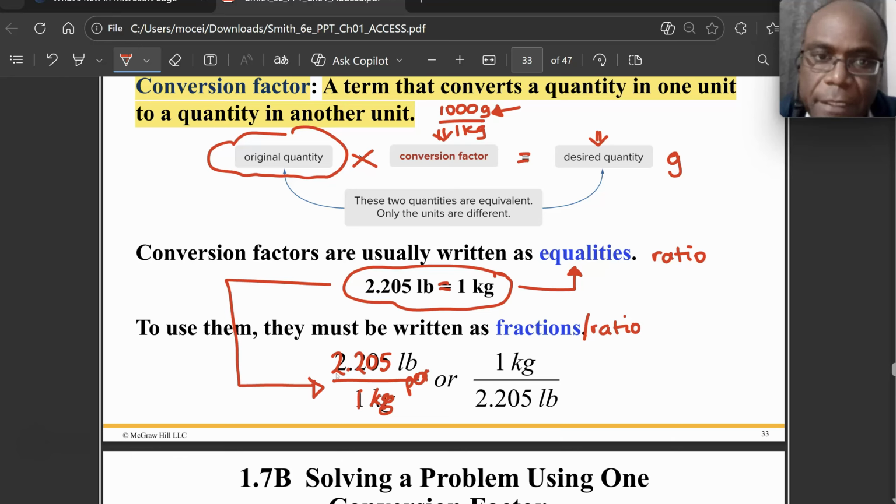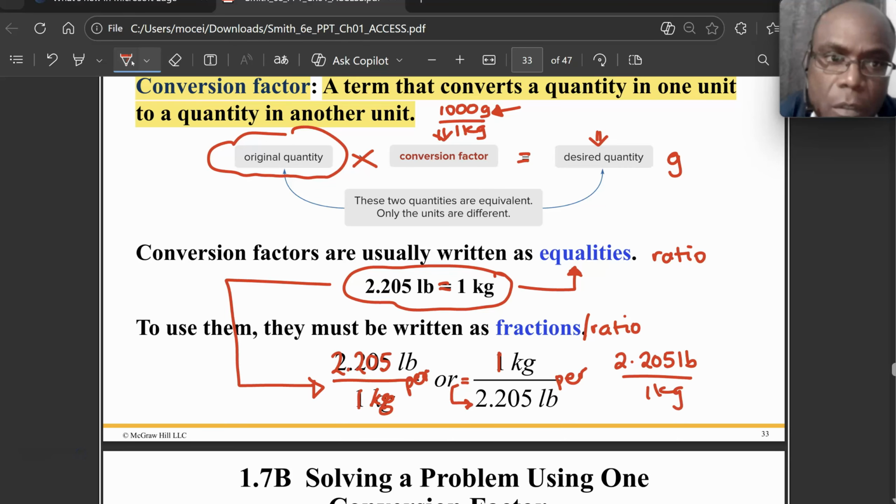You can say 1 kg per 2.205 lb, or 1 kg is really equal to 2.205 lb. So you can write it in either way, with the lbs as the numerator and kg as the denominator, or you can write the same equality with the kg as the numerator and the denominator in lbs.